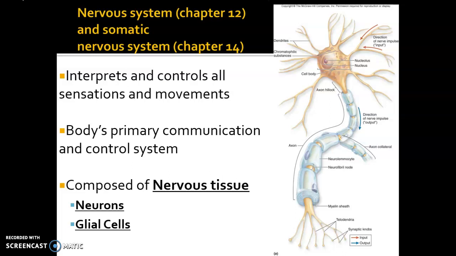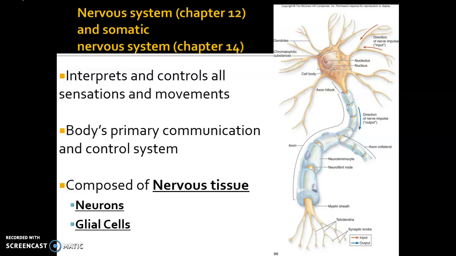We have receptors in the ear. So we have receptors everywhere in our body, which carry sensory information towards the central nervous system. Once received, the central nervous system processes that information and sends out motor commands to skeletal muscles, smooth muscles, glands, and adipose tissue.